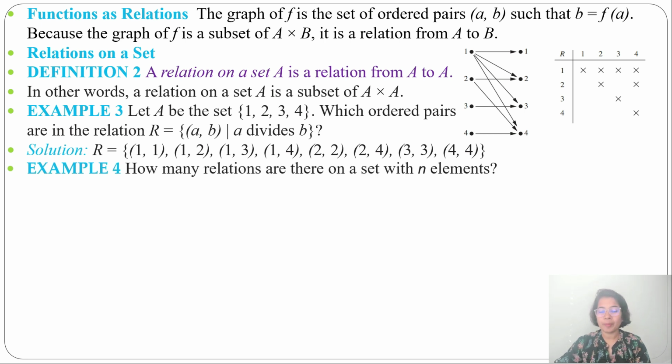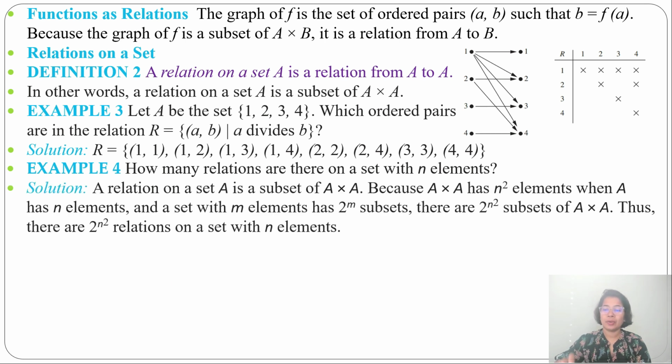Example 4. How many relations are there on a set with n elements? It is asking how many relations are possible from set A to itself, where A cardinality equals n. So a relation on a set A is a subset of the Cartesian product A cross A. And how many elements does A Cartesian product A contain? It contains n square elements.